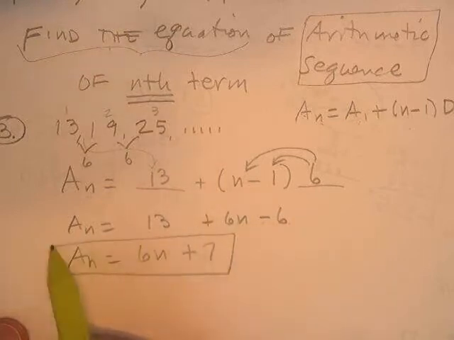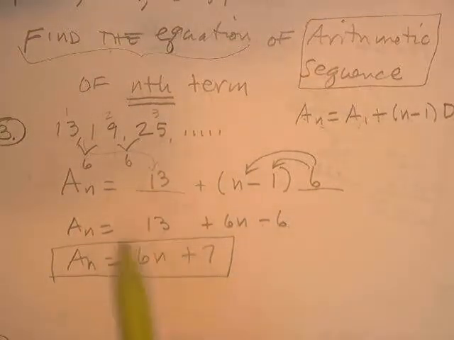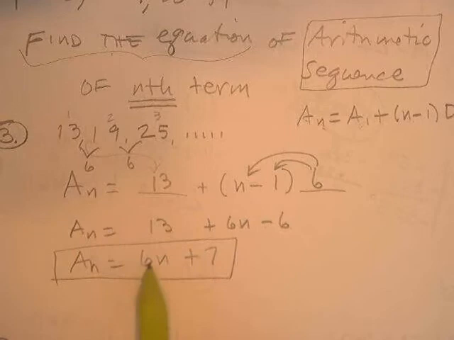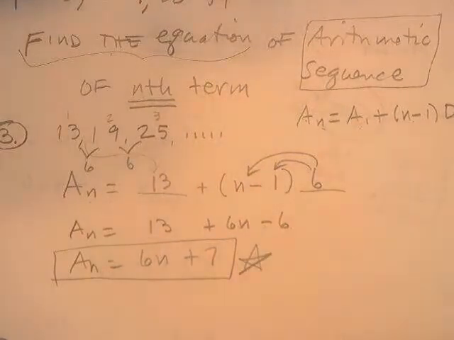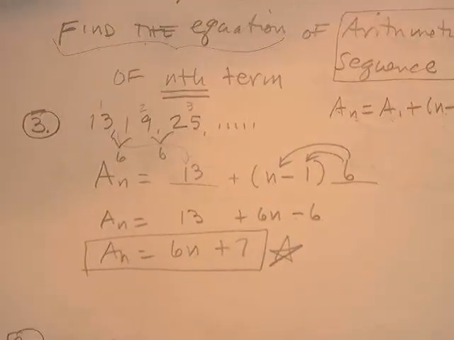And there's your formula. And notice this works for anything. When n is 1, that's 6 plus 7 is 13. How about 2? 6 times 2 is 12. 12 plus 7, 19. 3. 6 times 3, 18 plus 7, 25. This formula works literally for anything.